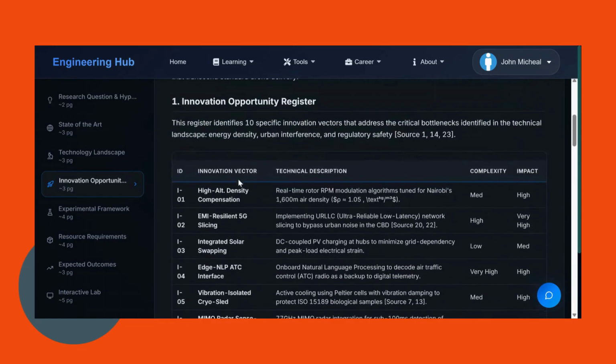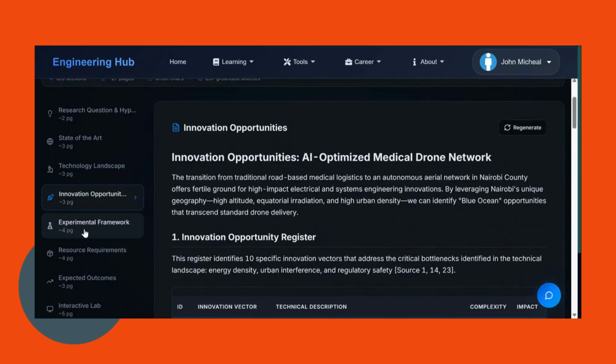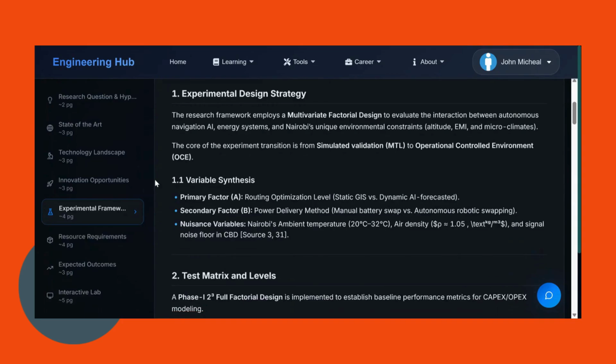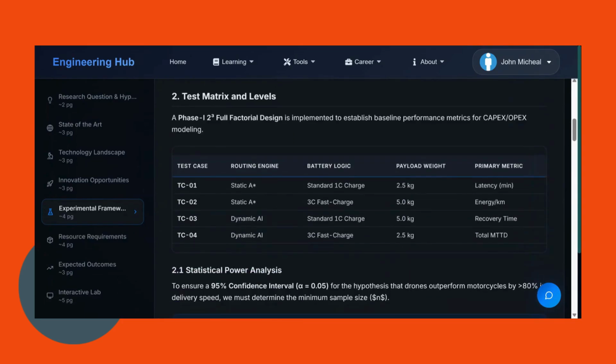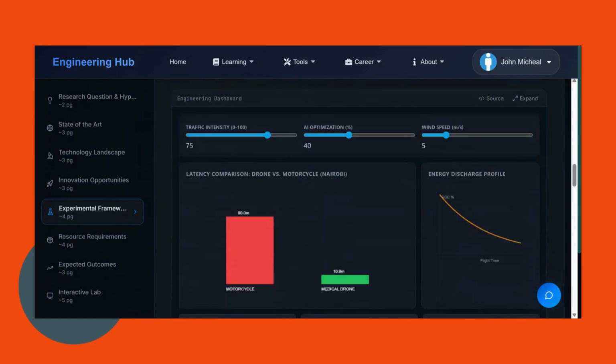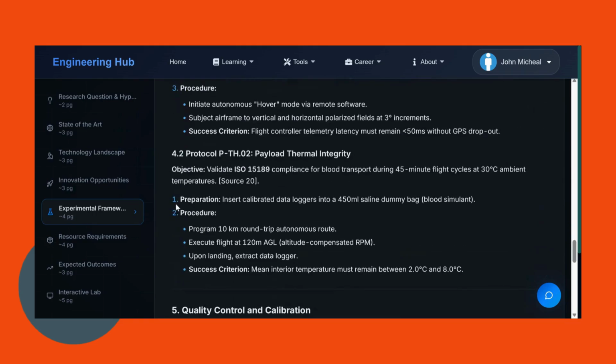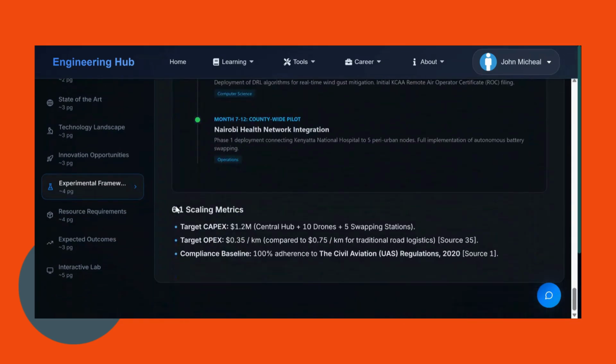I'm not. High altitude density compensation. Okay, I don't know. Do some people really understand these things? Okay, standard on C charge to ensure confidence, whatever that is. And this graph, I know a motorcycle and I know a medical drone. I don't know what the percentage means.